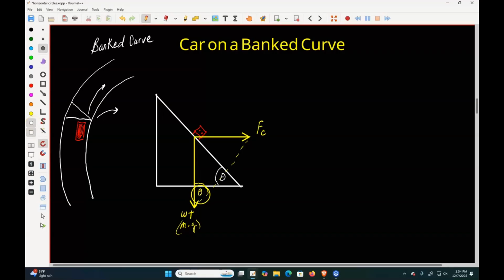Okay, so I have tan of theta. Tan is opposite over adjacent. So the opposite side is the centripetal force. The adjacent side is weight, which is mass times gravity.